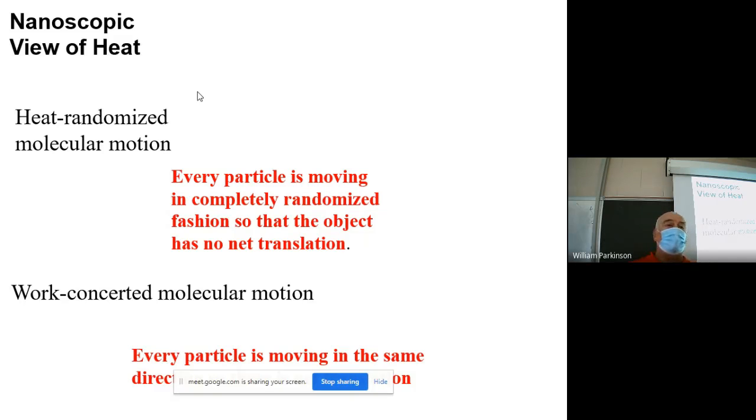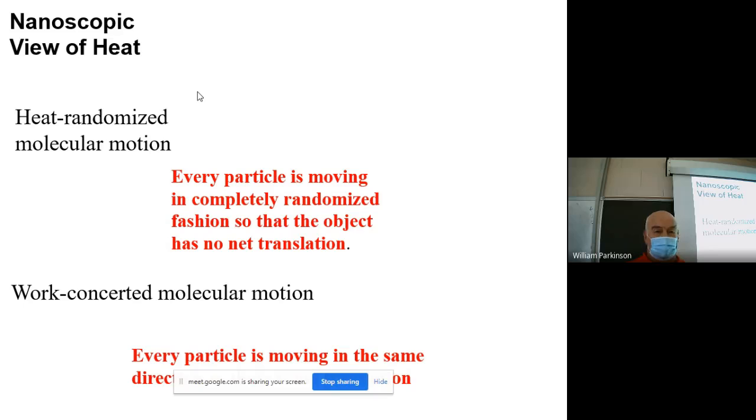And if all the matter in the object concertedly moves in the same direction, I am doing work to the object. If I'm pushing a box across the floor, every atom in the box is moving horizontally as I push, and this is concerted motion of the matter. So whenever you have concerted motion, we're going to call that work or mechanical energy. Physicists kind of use those terms interchangeably.